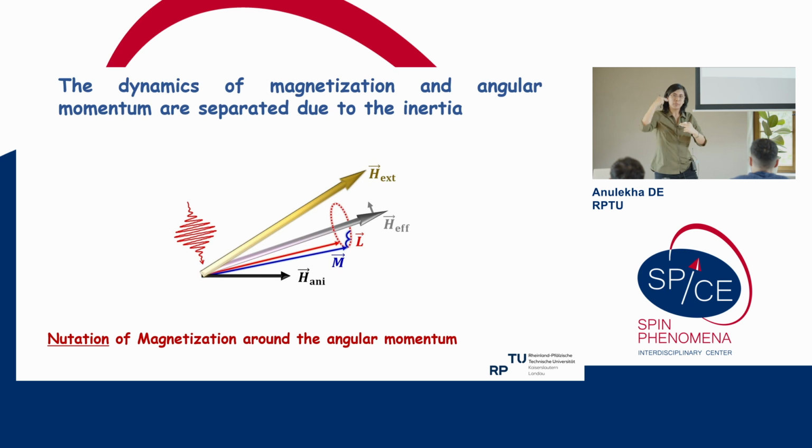So angular momentum precesses around the new orientation of the magnetic field, but for the initial time scale, the magnetic moments cannot instantaneously follow the change. So the magnetization first precesses, or we call it nutates, around the angular momentum, and then on longer time scales both become parallel and both precess around the effective magnetic field. But on very short time scales, their dynamics are separated.